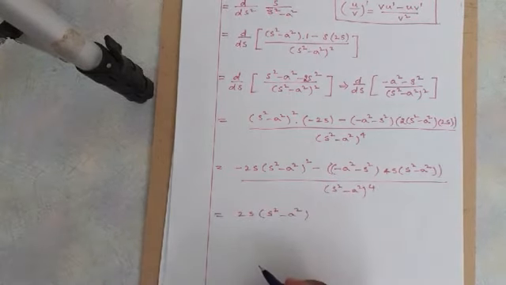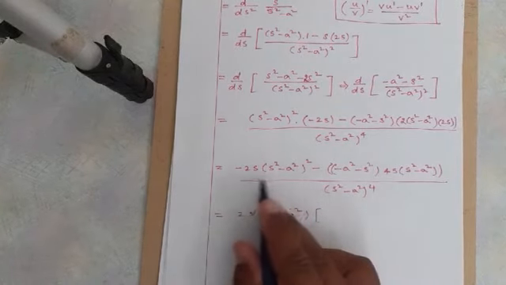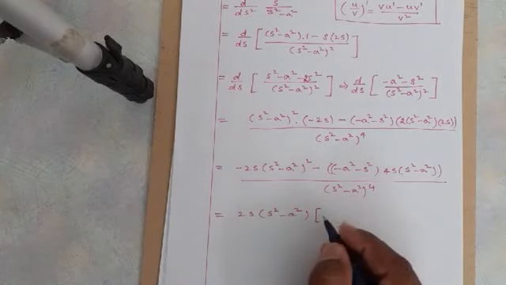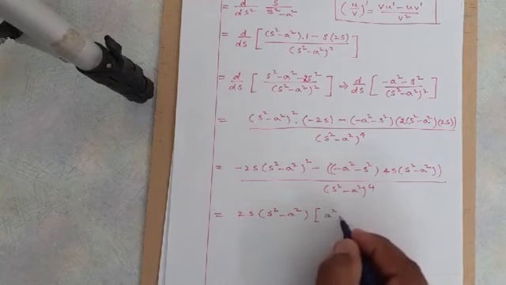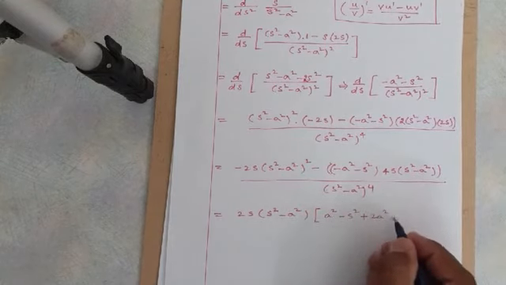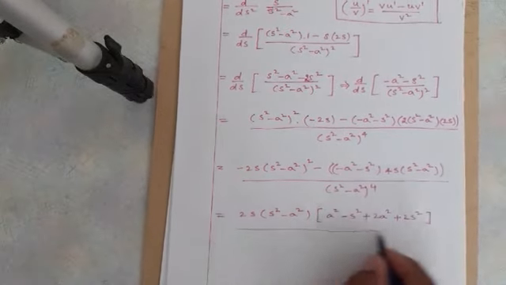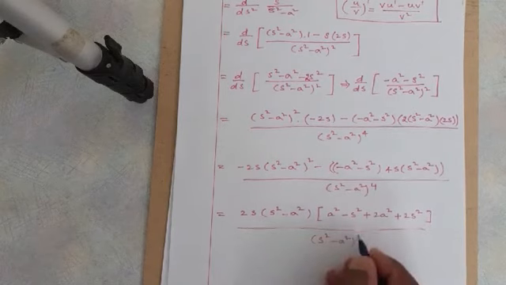If you take common 2s into s square minus a square, then you can see here we have 2s into s square minus a square. So you get only the term, I am writing directly here, minus a square minus s square plus 2a square plus 2s square upon s square minus a square whole power 4.